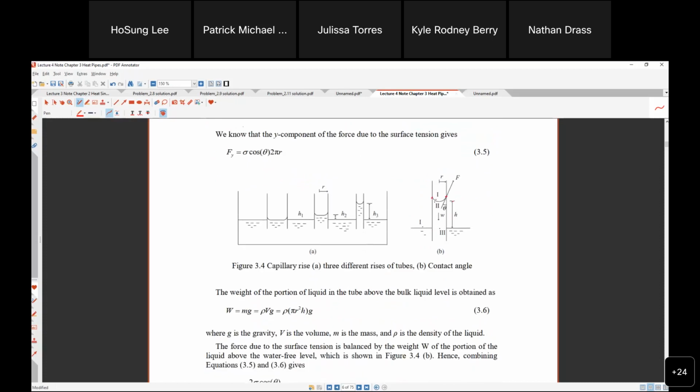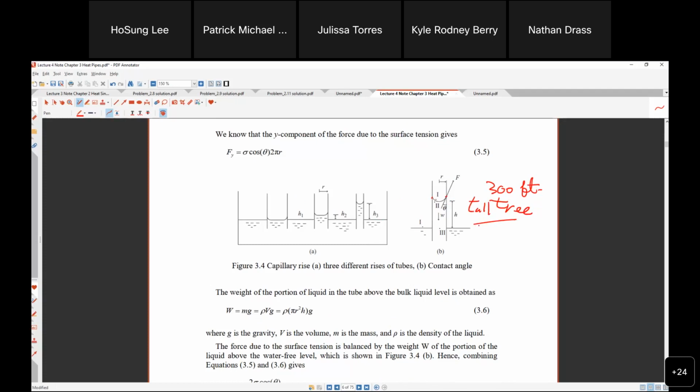And this capillary rise can supply the water. I think one of the tallest trees, 300 feet tall, can supply the water. 300 feet, just the capillary effect, believe it or not.